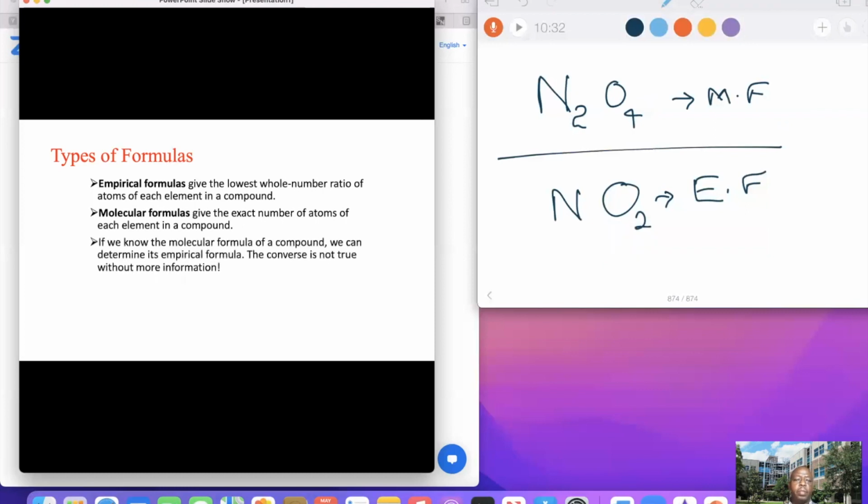So if given the molecular formula, you should be able to write down the empirical formula for that compound. If we know the molecular formula, we can determine the empirical formula by just dividing it or making it lowest terms.